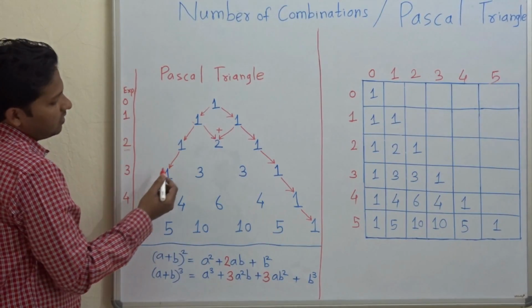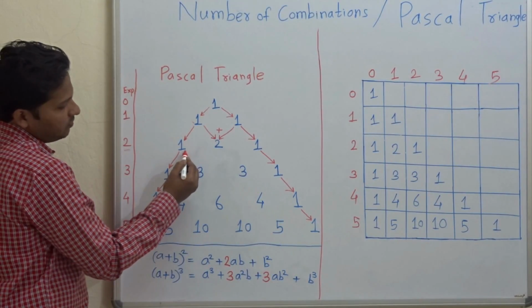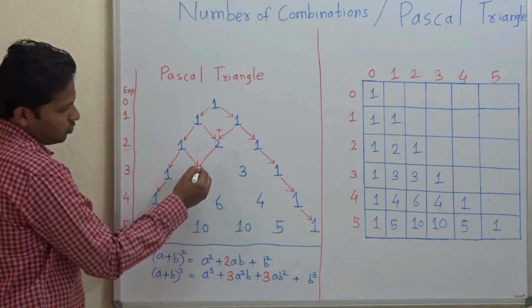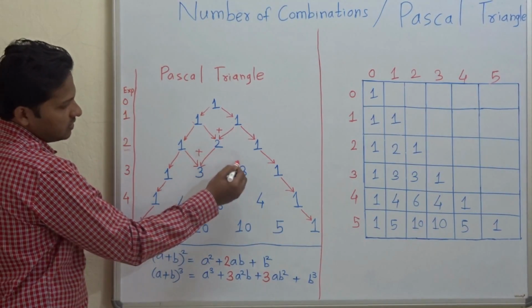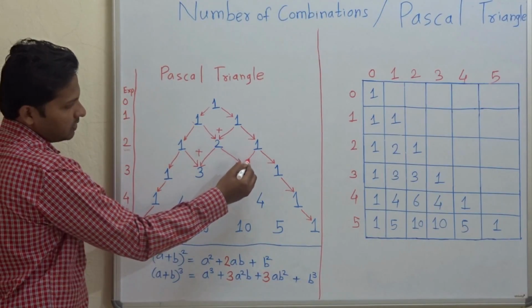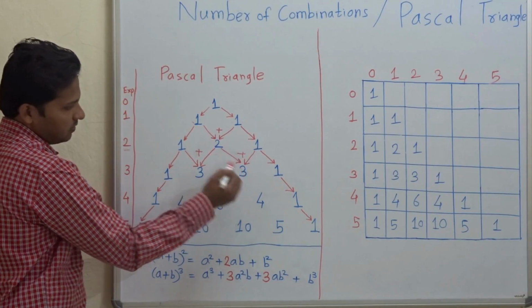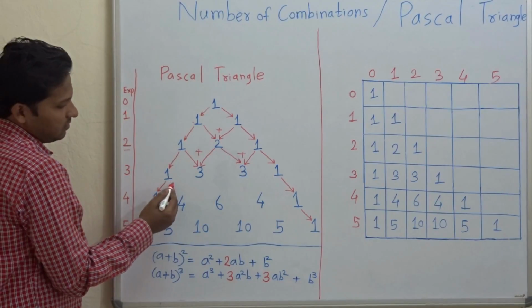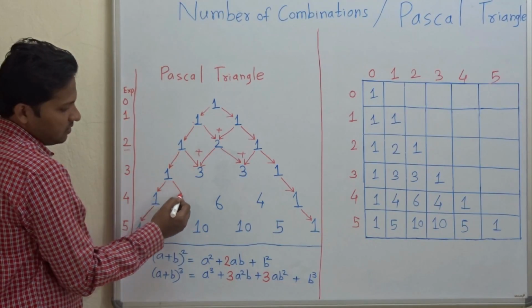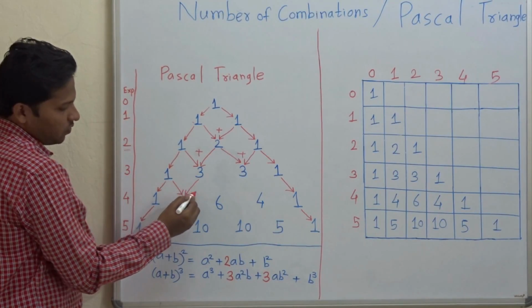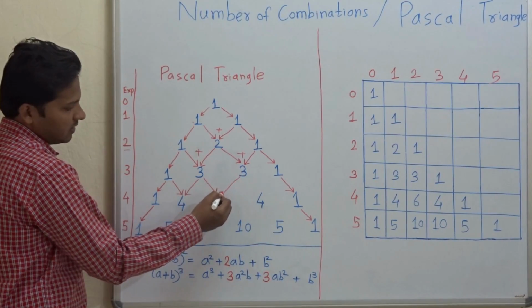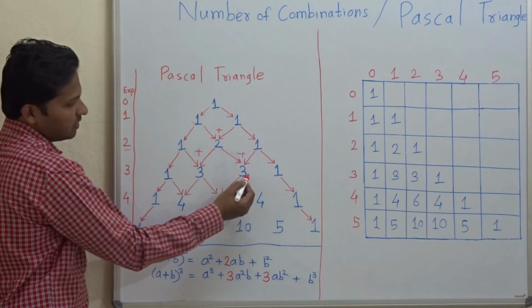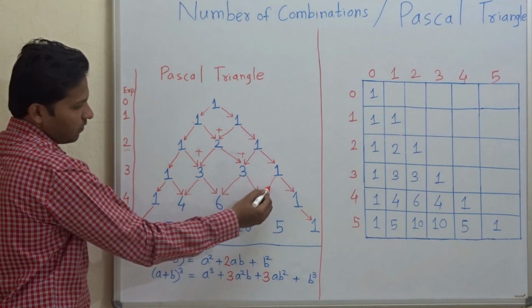So let's go ahead now. 1 plus this 2 is 3 and this 2 plus 1 is 3. Then 1 plus 3 is 4, 3 plus 3 is 6 and 3 plus 1 is 4.